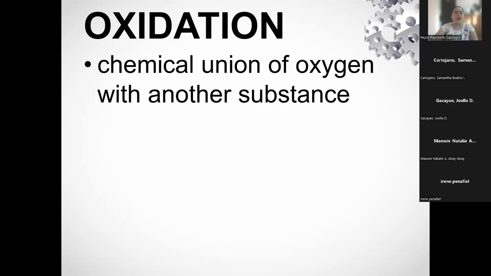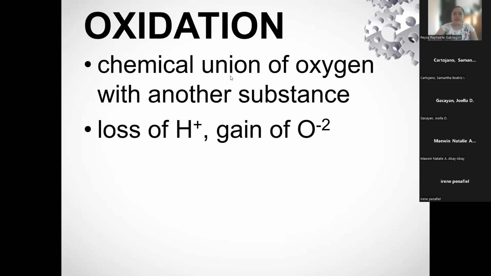Okay, so therefore oxygen will react with your chemical. Okay? So there is a gain of oxygen, and there are times that there is a loss of hydrogen. So either of the two, we call that oxidation.